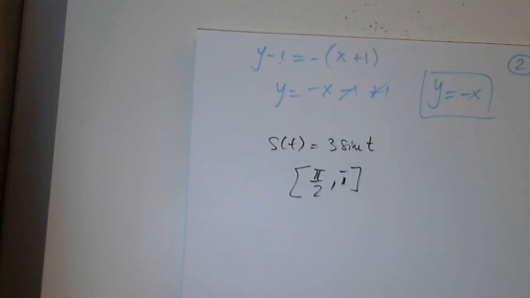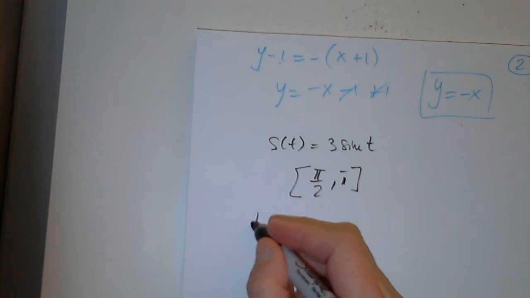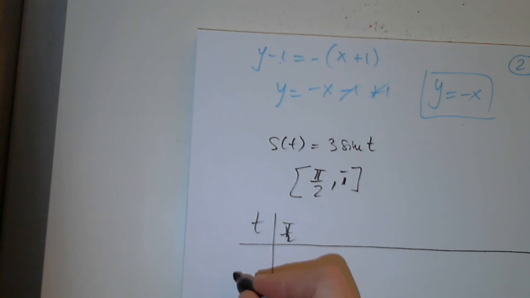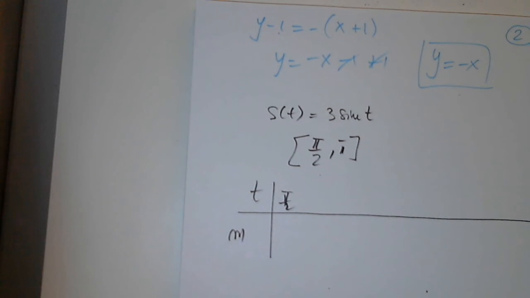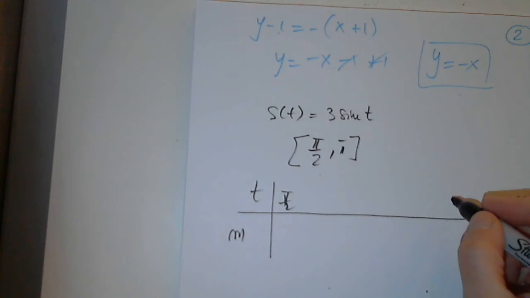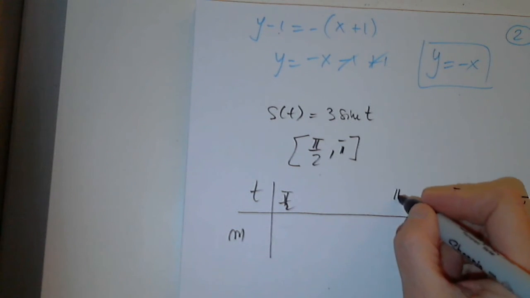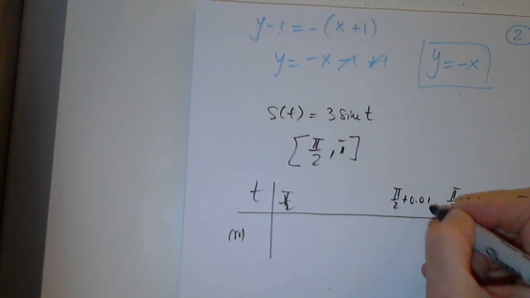So I will create a table with t. This is pi over 2, and this is the slope, of course, of the secant line. So this is pi. The next closer will be pi over 2 plus 0.1. The next one will be pi over 2 plus 0.01.